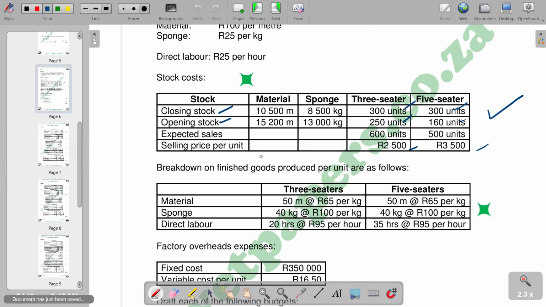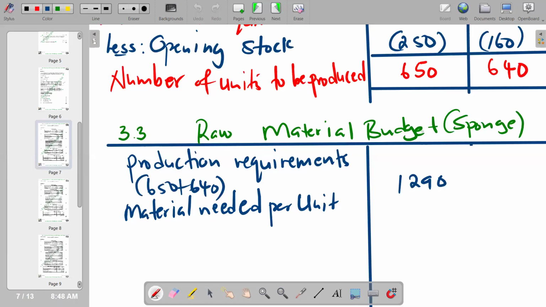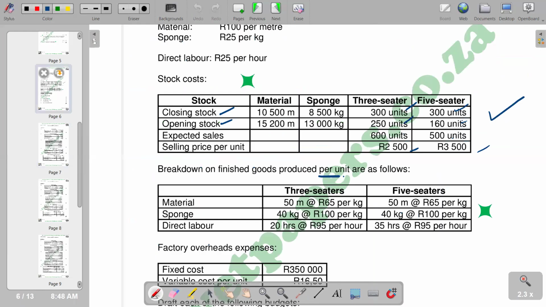We're given the breakdown on finished goods produced per unit. Remember, we have our raw materials budget for the sponge. We are concerned about where we have the sponge, and the material that is needed is 40 kg. So we put our 40 kg.